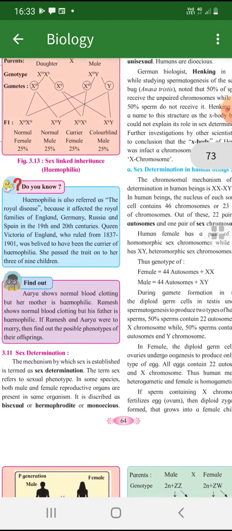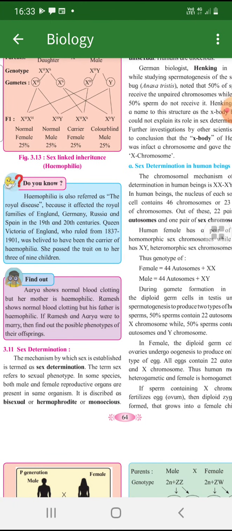Now the next topic which you have to understand is sex determination. When you talk about sex determination, who is responsible for the sex of the child? So let's understand how we determine the sex. Now when you talk about writing a male genotype, how do you write a male genotype?